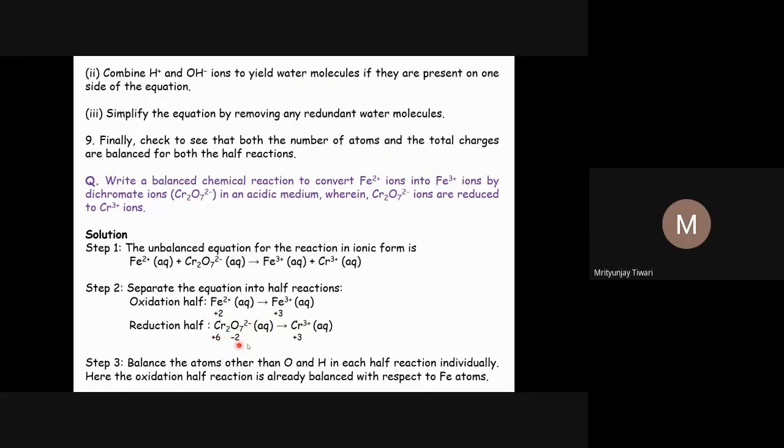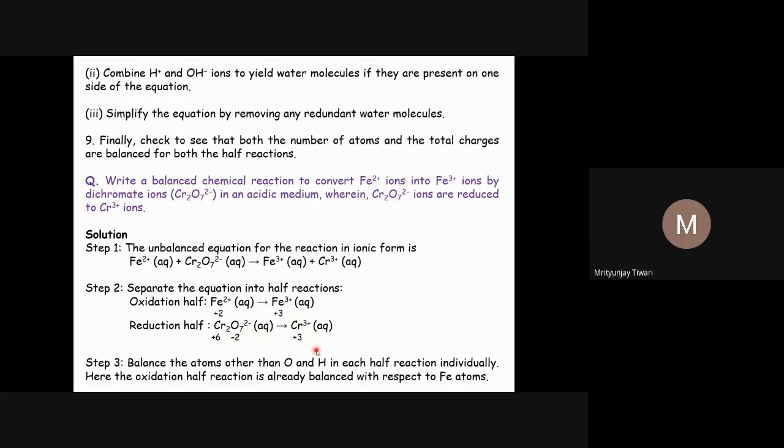So 2x - 14 = -2, meaning 2x = 12, so x = +6. The chromium ion is a monoatomic cation, so its oxidation state equals its charge, +3. So this is a reduction half.